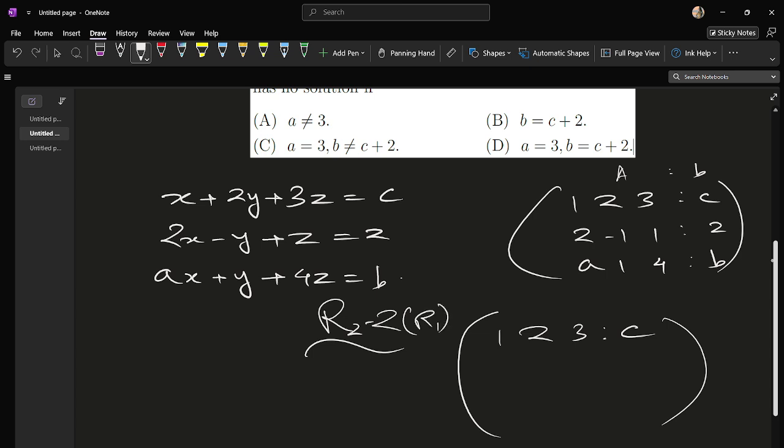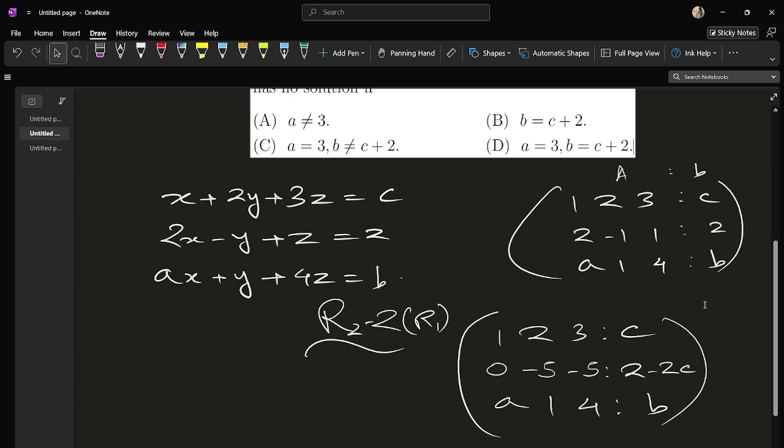We get 2 minus 2, that will be 0, then minus 1 minus 4, so minus 5, and 1 minus 6, that will also be minus 5, and that will be 2 minus 2c. The first row remains the same.